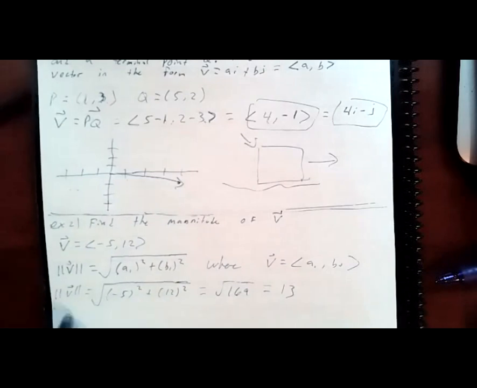So in the homework, they'll have a few questions where they ask you to find the vector given 2 points. Then they'll ask you to find the magnitude, and then they'll probably ask for both. That's probably the first, I don't know, 4 or 5 questions.